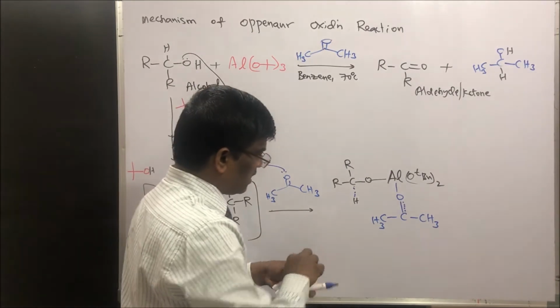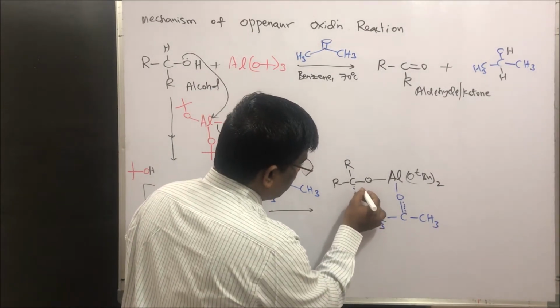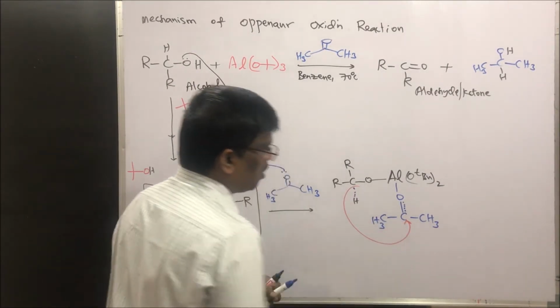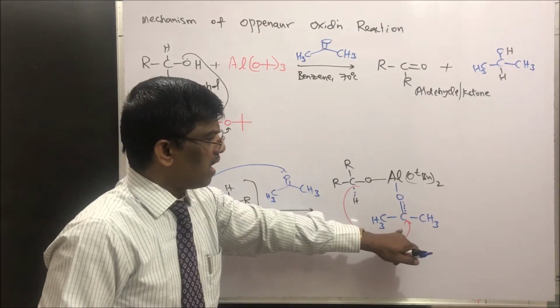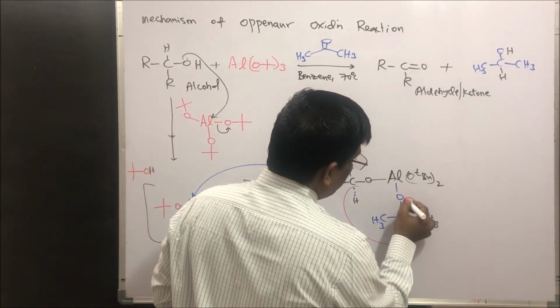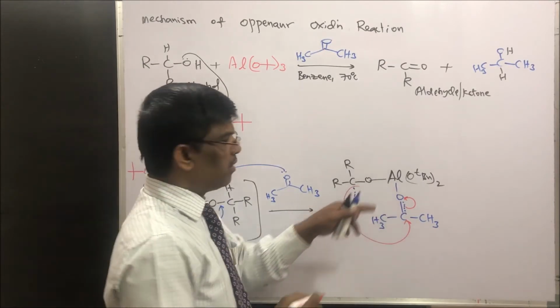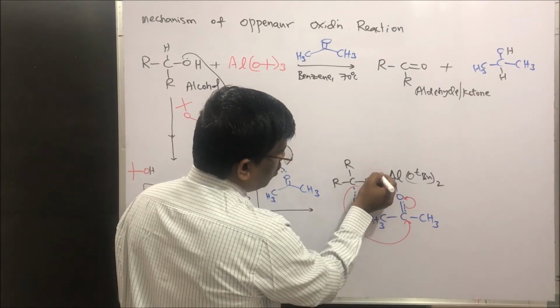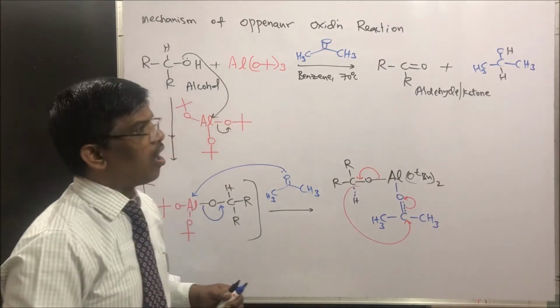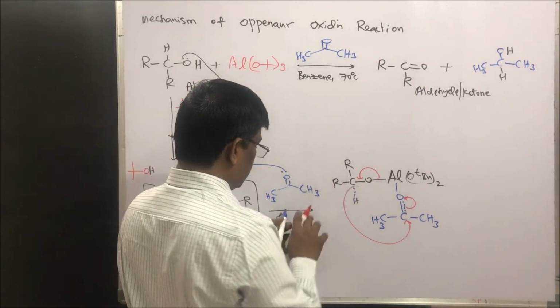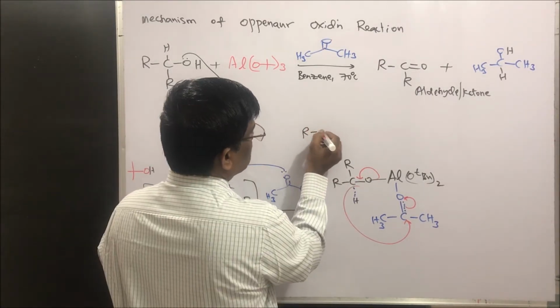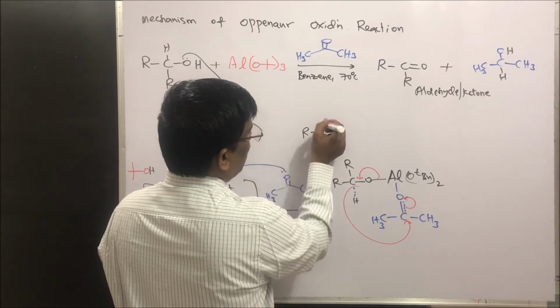At this stage, this hydrogen is going to be transferred from this alcohol to this carbon, and it is going to form an alkoxide bond with aluminium, and it is going to leave as carbonyl compound, which is nothing but R, C, O and R.